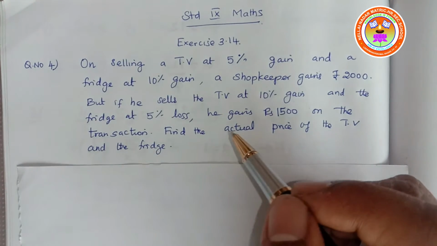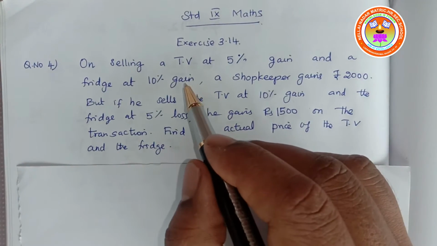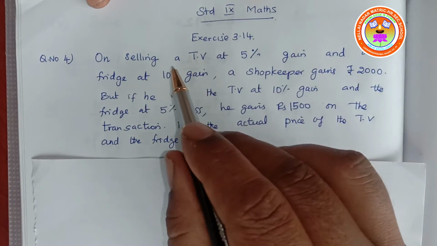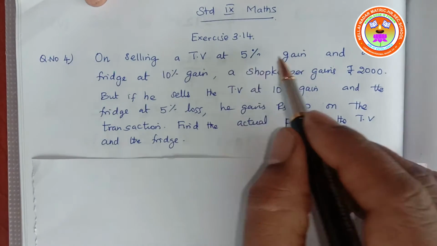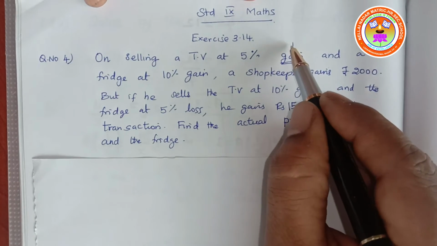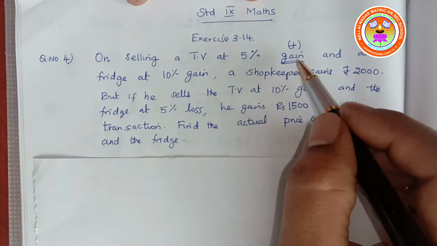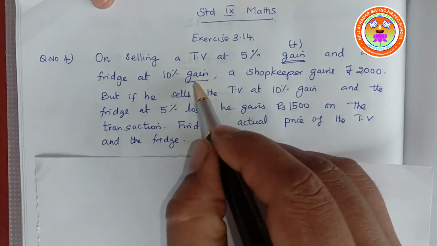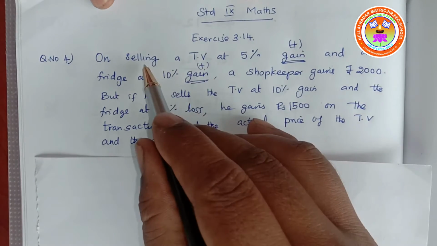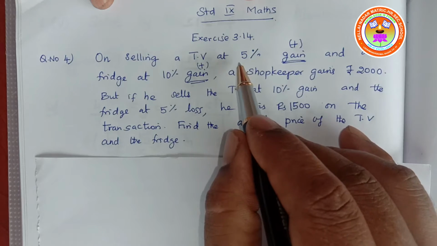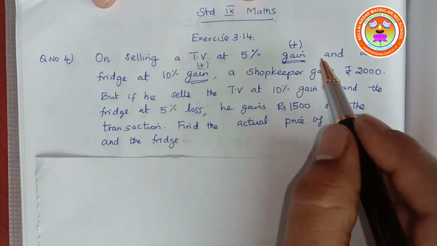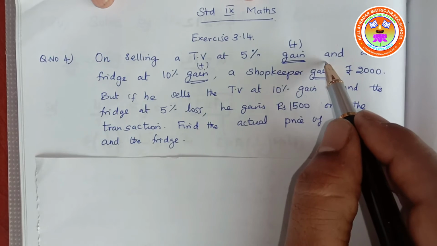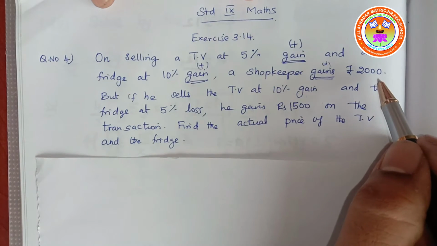My dear students, in this question they have given a TV and a fridge. On selling the TV at 5% gain, that means plus, positive, profit, and the fridge at 10% gain, again gain means profit. So in the first condition, he sells the TV at 5% gain and the fridge at 10% gain, and the shopkeeper gets a profit of rupees 2000.